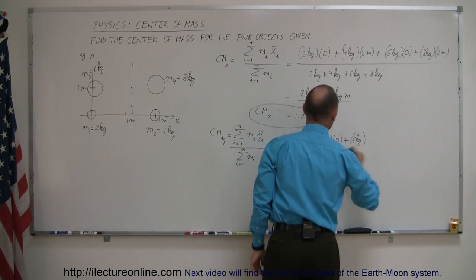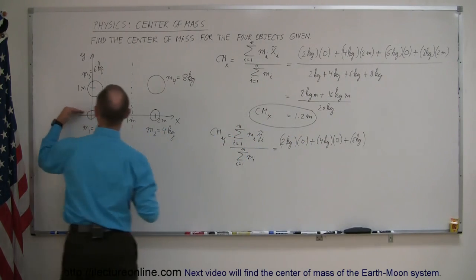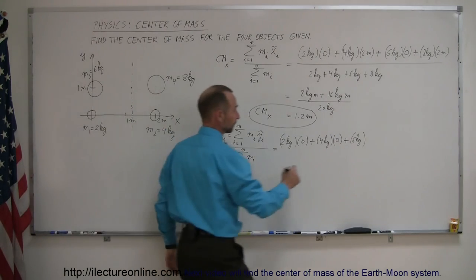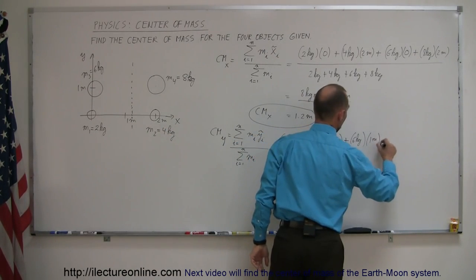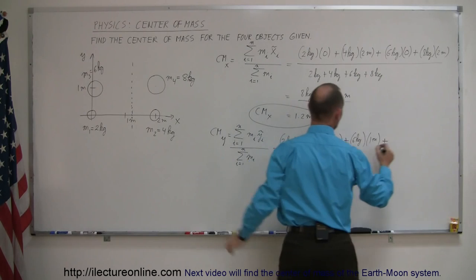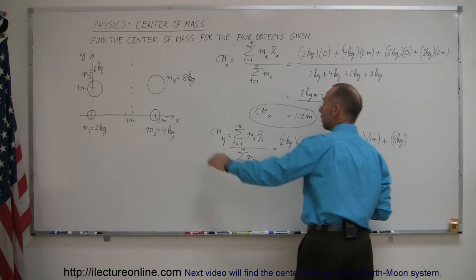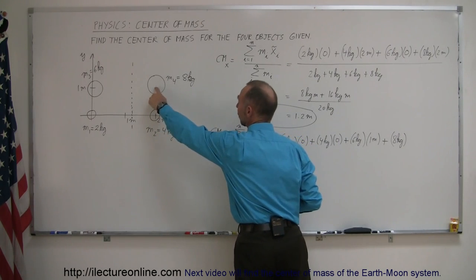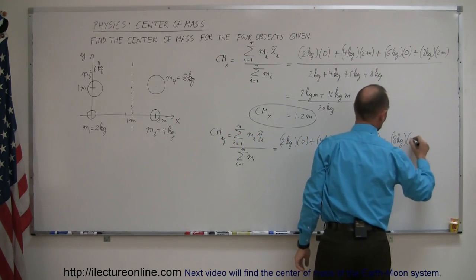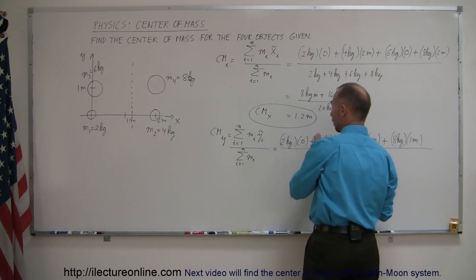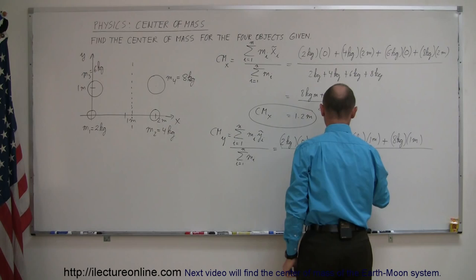That one is above the x-axis, 1 meter above, so its y-coordinate is 1 meter, plus the final mass, 8 kilograms, which is also 1 meter above the x-axis, so its y-coordinate is also 1 meter. We divide the whole thing by the total mass, which is 20 kilograms.